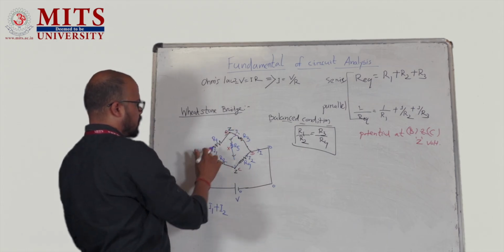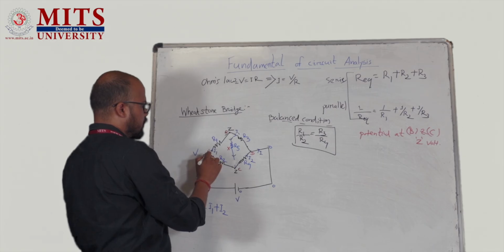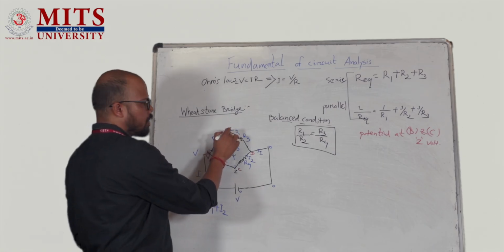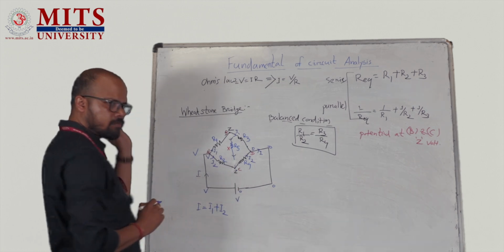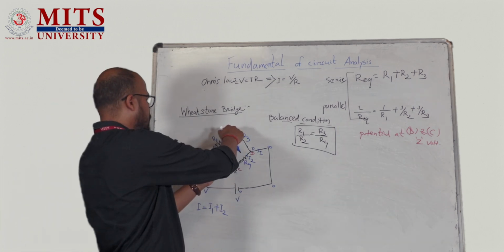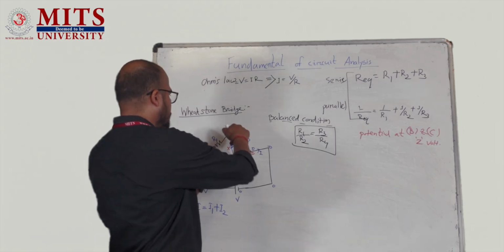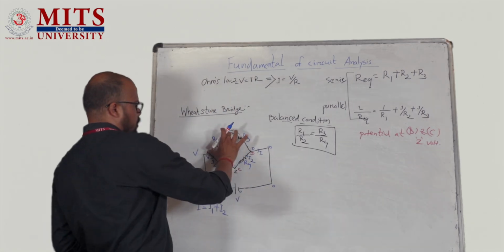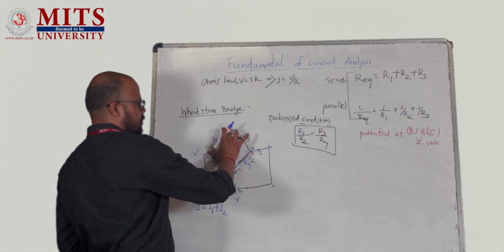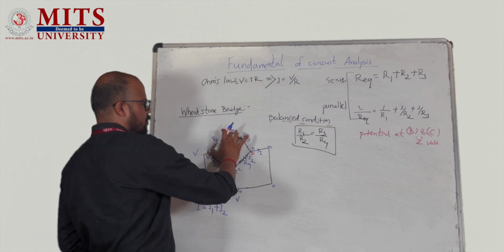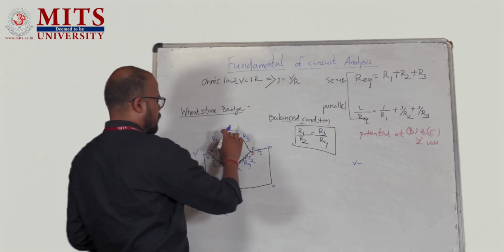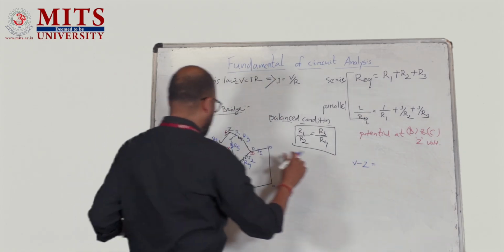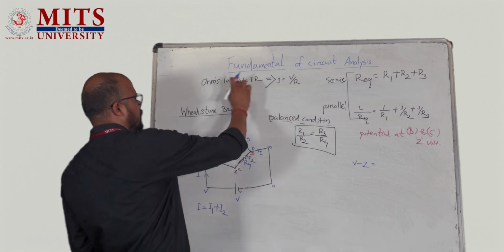At A the potential is V, at B the potential is Z, at D the potential is 0, at C the potential is Z. The potential difference across R1 will be V minus Z. So the current flowing through this, V minus Z, is how much? Just apply Ohm's law.